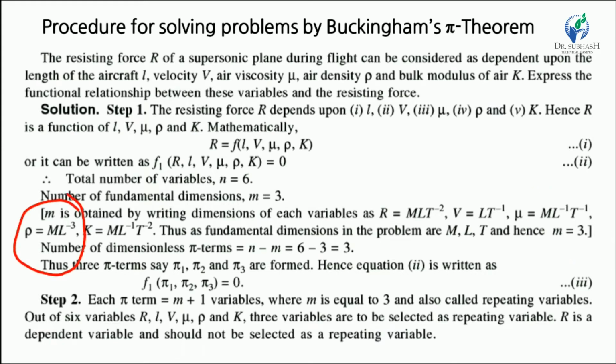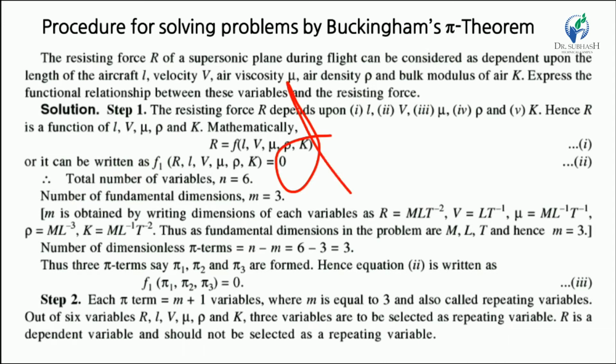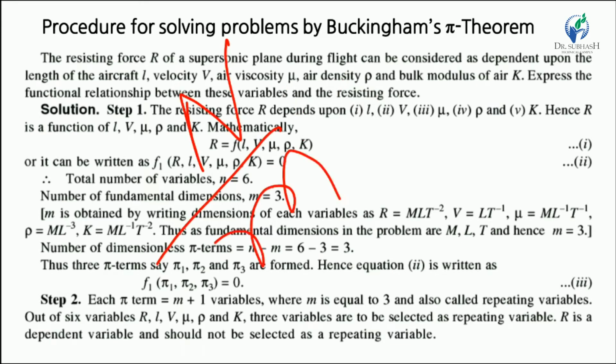Density is mass per unit volume, so M L minus 3. Bulk modulus K is equal to dp, the change in pressure, upon volumetric strain dV by V. Strain has no unit, so the unit of bulk modulus is pressure, Newton per meter square.